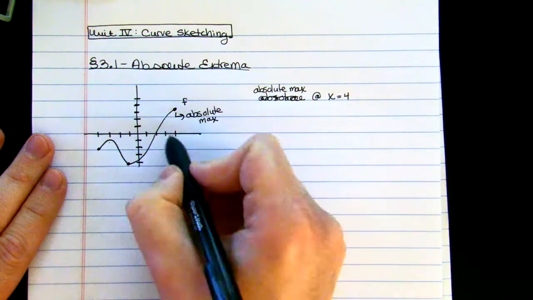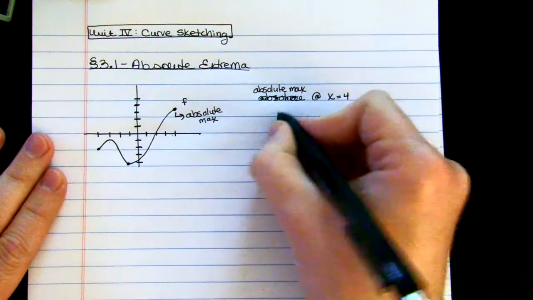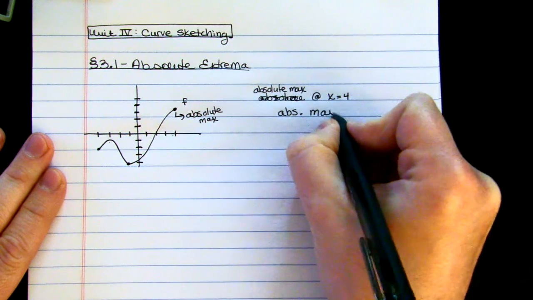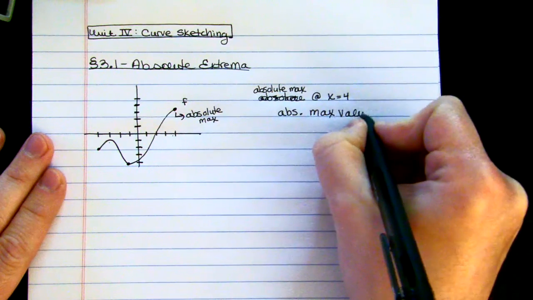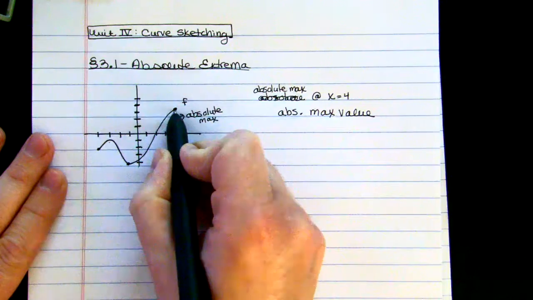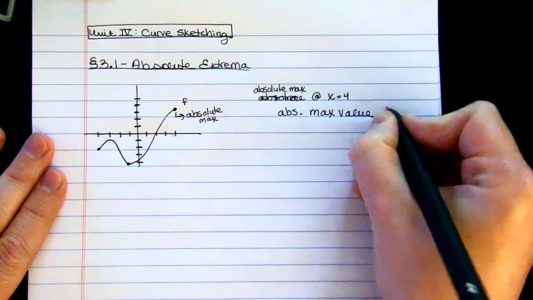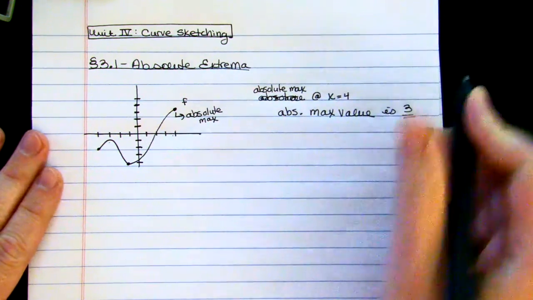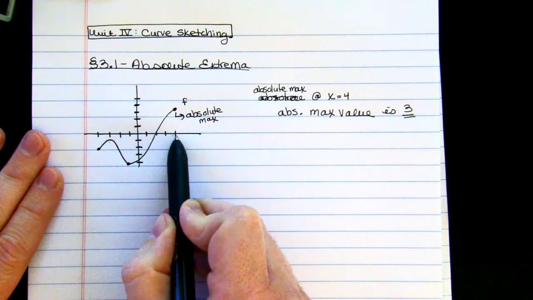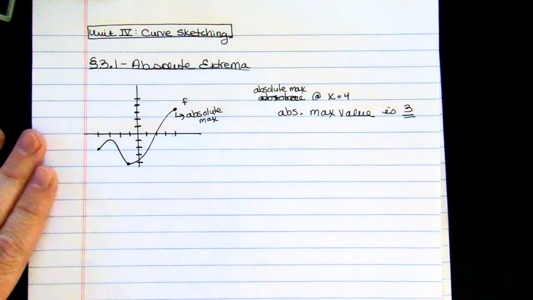Now, if I want you to tell me the y value for that point, I would ask for the absolute maximum value. And looking at the graph, the absolute maximum value looks like there's a y value of 3. My absolute maximum occurs at x equals 4, and my absolute maximum value is 3.